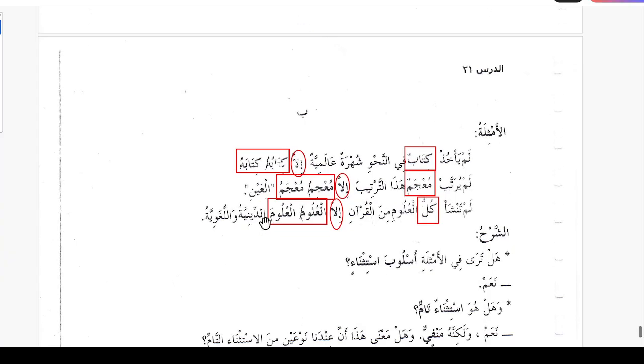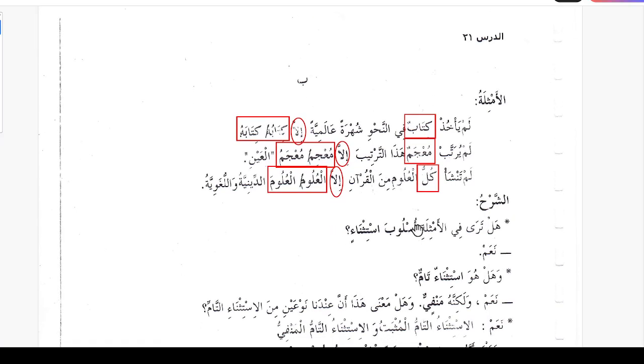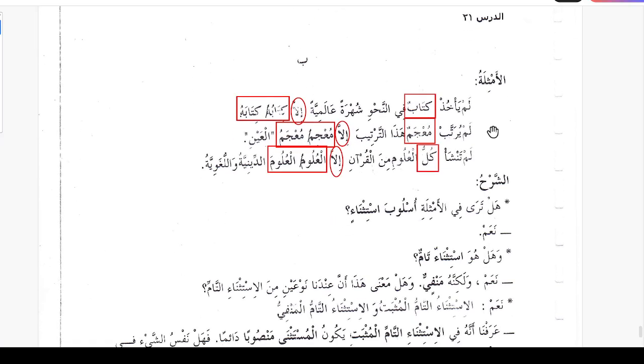Now here are some other cases. There are some examples. Lam yakhuz kitabun fin nakhwi shuhratan alamiyatan illa kitabuhu or kitabahu. No grammar book took worldwide fame except his book.